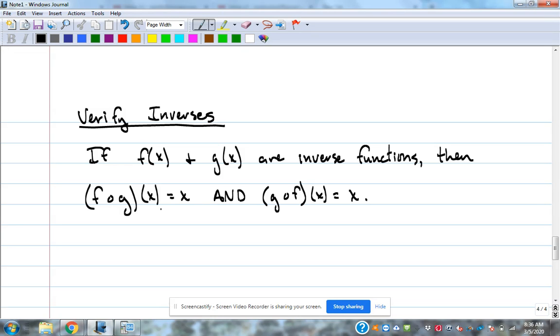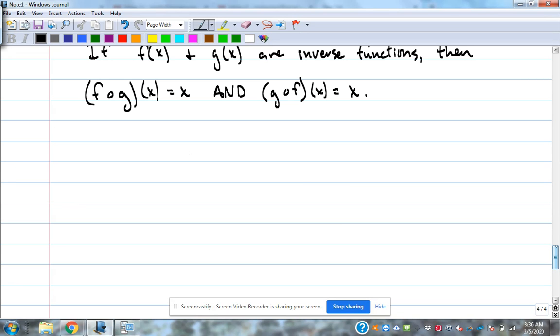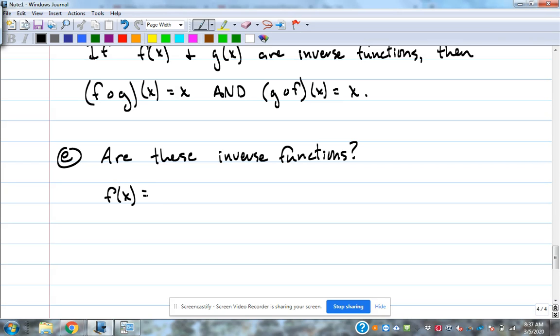Okay, so let's look at a pretty easy one here. Example E: are these inverse functions? F of x is equal to 2x plus 3.